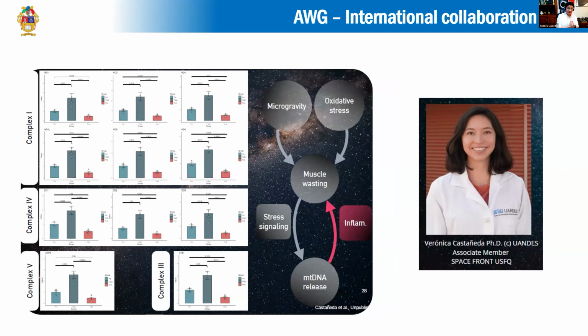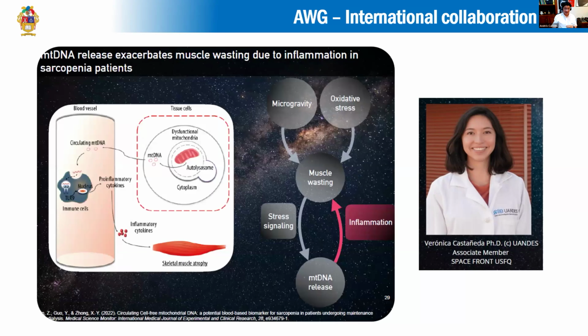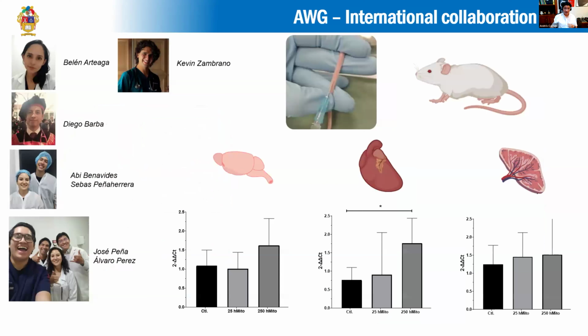So we are trying to understand this a little more and associate it with other studies, as I mentioned before, of Dr. David Gokusan, in which there is this RNA in circulation, but also this DNA in flight. So this seems to be part of a dynamic response that is happening in our bodies with the release of mitochondria.